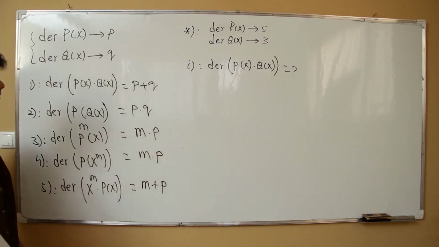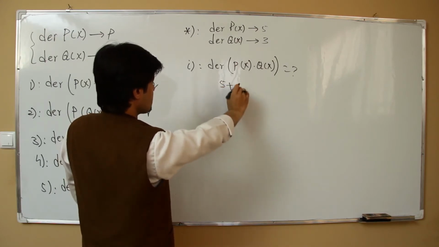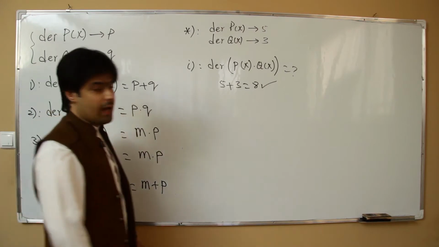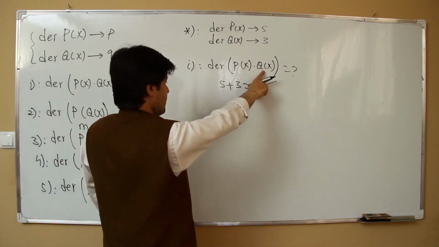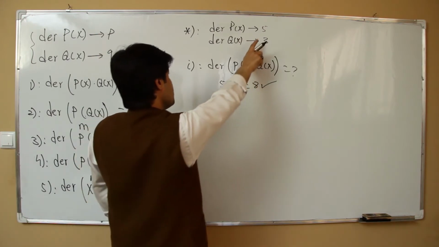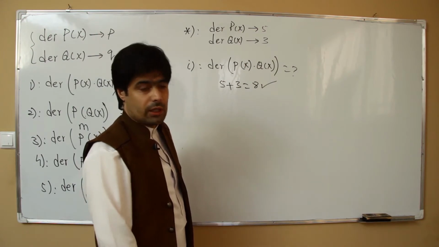I think p plus q. What's p? 5. What's q? 3. 5 plus 3? 8. If you have a polynomial p(x) and another polynomial q(x), and you multiply them, the degree would be the addition of the previous degrees.